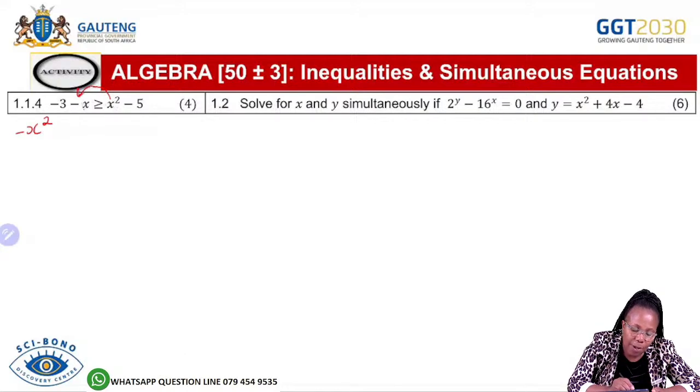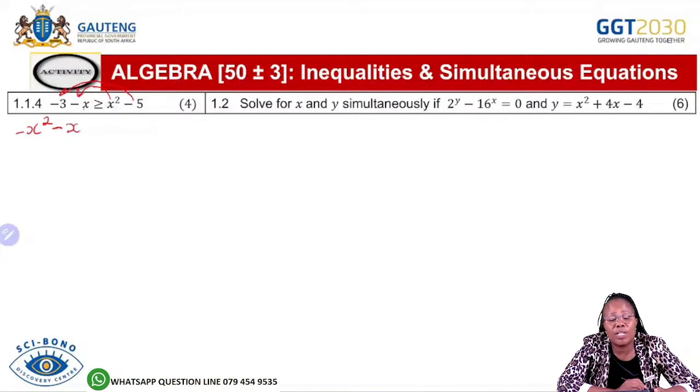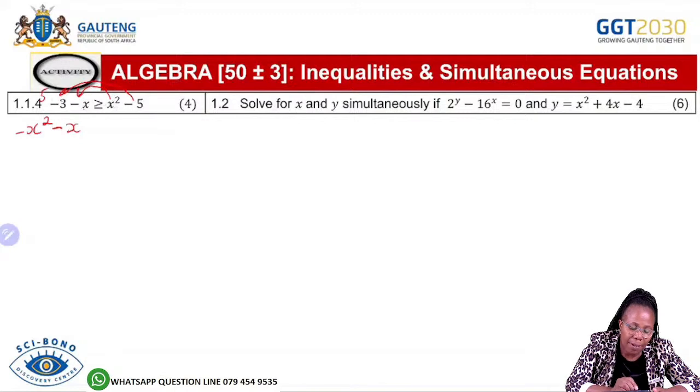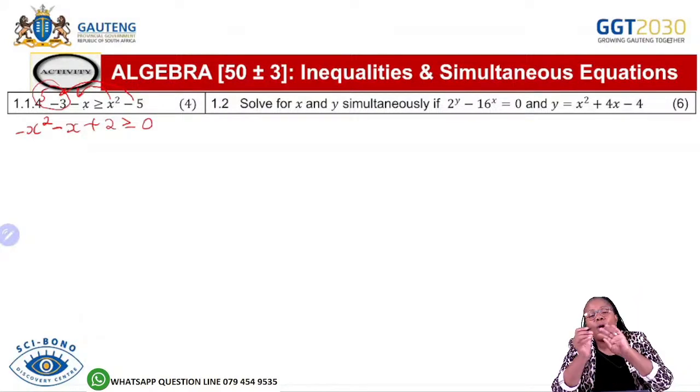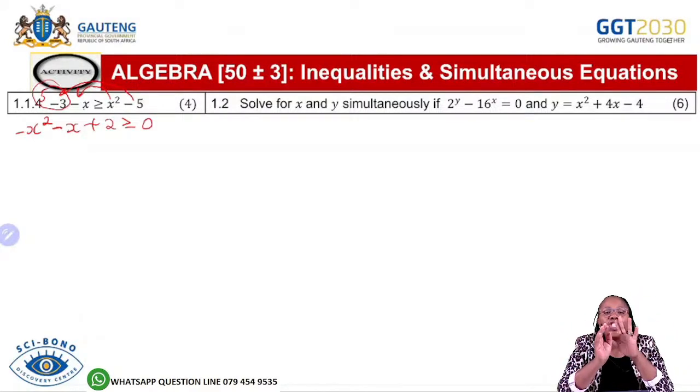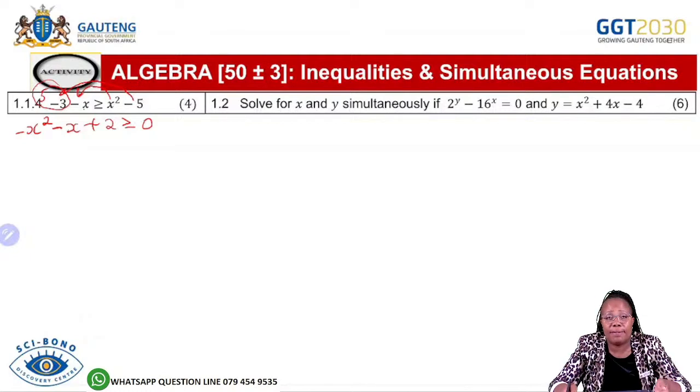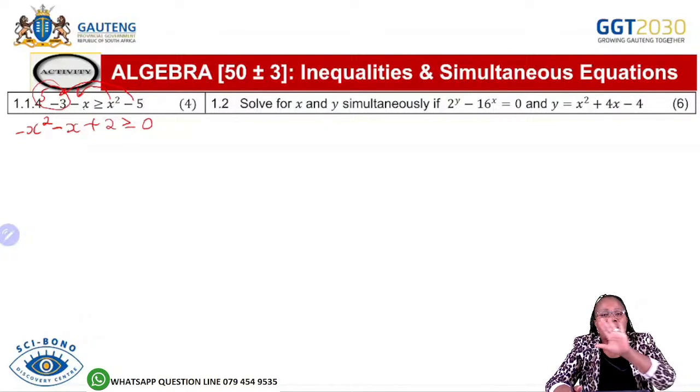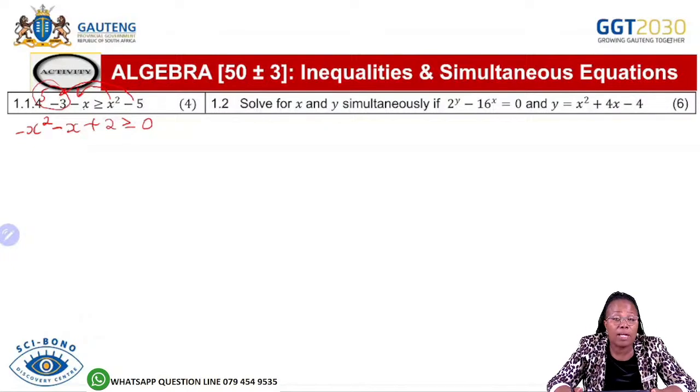Correct, followed by x, correct sequence is that one, and then minus 5 to the left, it will be positive 5, and then 5 minus 3, it will be plus 2, with a greater and equal to 0. When we are transposing, we do not change the inequality, grade 12. The inequality sign will only change if you are multiplying by a negative throughout, or you are dividing by a negative throughout. But when you are transposing, we are not affecting that inequality.